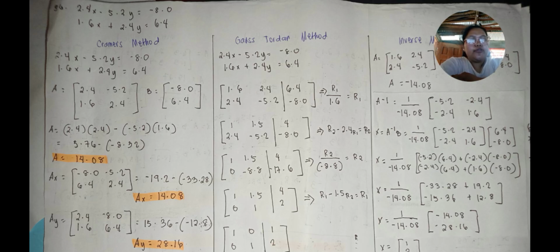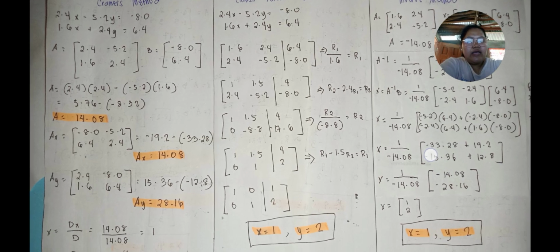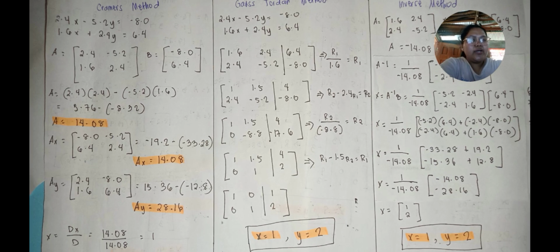We are going to separate the A and B like what I did in the first equation. Copy, extract the constant, and also the B. And cross multiply. So, our determinant A is equal to 14.08. Next, we are going to get our determinant x.